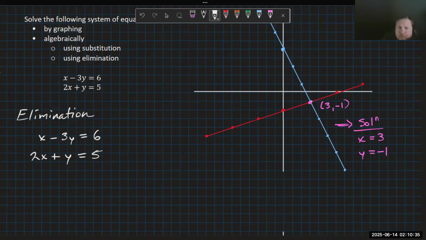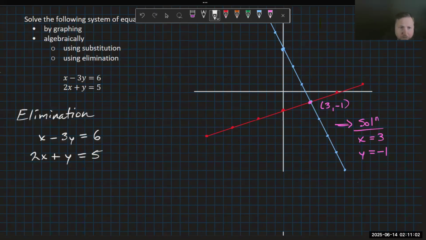Now, I'm looking for something easy to do. If I multiply that first equation through by -2, that's going to give me a -2x, which would cancel out the positive 2x. Or if I multiply the second equation through by +3, that would give me a 3y, which would allow me to do another cancellation. So I'm going to go ahead and just go with the -2.